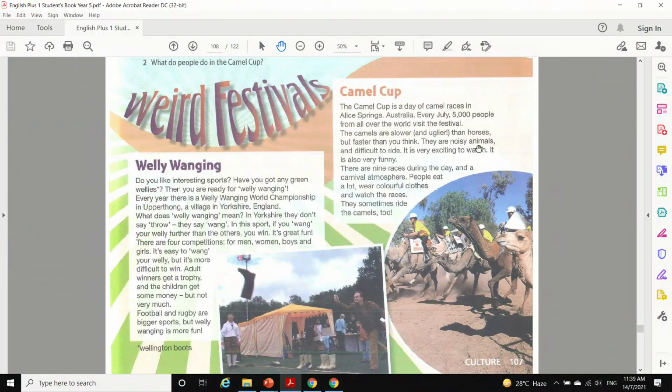Camels are quite tall, taller than horses, so if you are afraid of heights you will be scared. It's not like horses. The camel is also one of the noisy animals, and very difficult to ride.